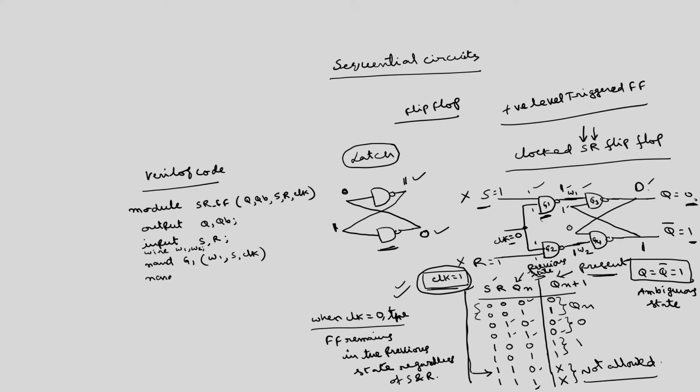And the second NAND gate G2, the output is W2, and the inputs are R and clock. Then for the third NAND gate G3, the output is Q, and the inputs are QB and W1.